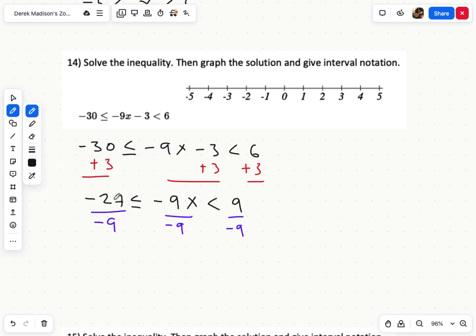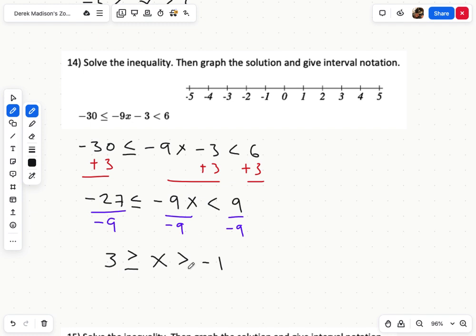So -27 divided by -9 would make a +3, but now this is greater than or equal to x, and 9 divided by -9 would make -1, but again we would have to reverse this symbol for -1. And right now that's written a little backwards.